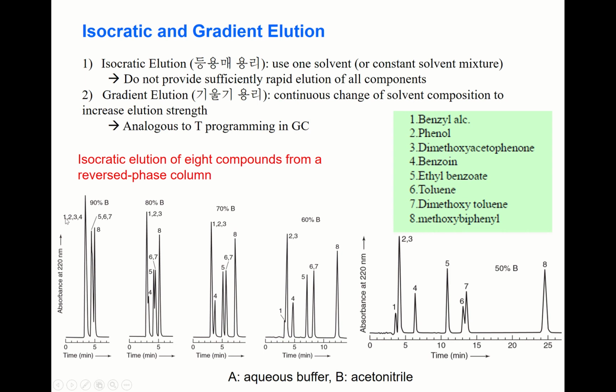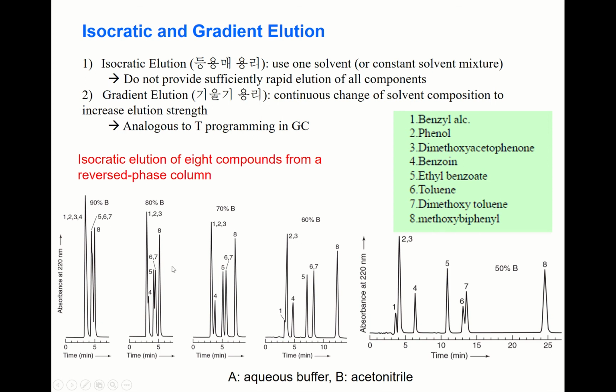Compounds 1, 2, 3, and 4 are not separated. Also 5, 6, 7 are not separated. 8 is a little bit separated, but the resolution is quite bad, right? So this one cannot be acceptable.